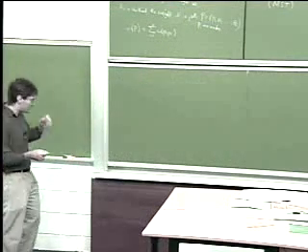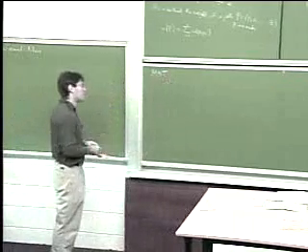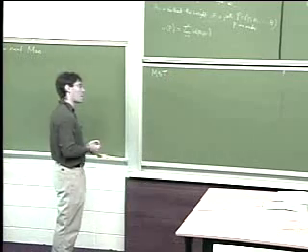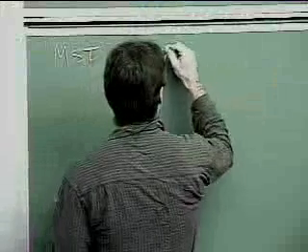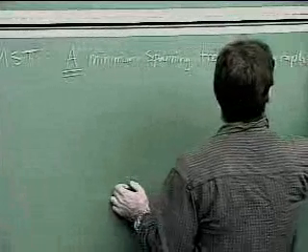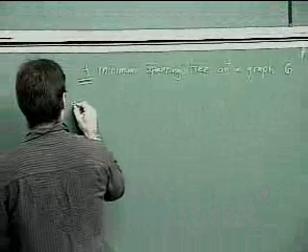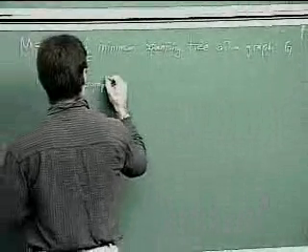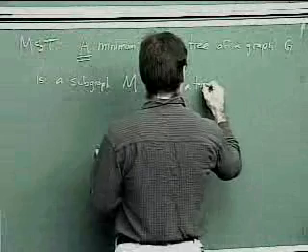Let's talk about minimum spanning trees first. A minimum spanning tree of a graph G, note I'm saying a, which means that there might be more than one, is a subgraph M that is a tree.